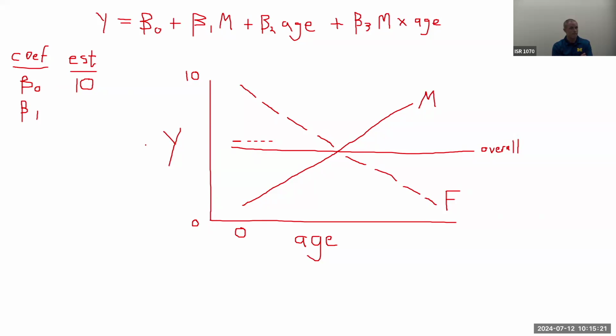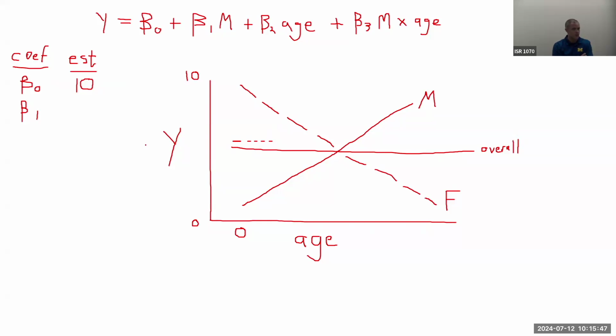It's not a male. When the age is 1 year. Not when age increases 1 year. What are we getting for beta 1? Okay, Gladstone had half of it. So it's the change in the mean for males relative to females when?